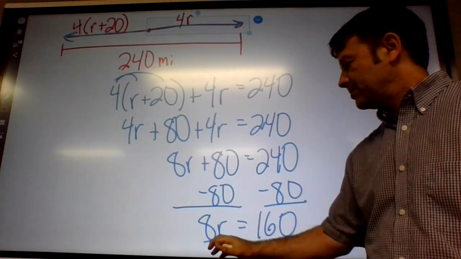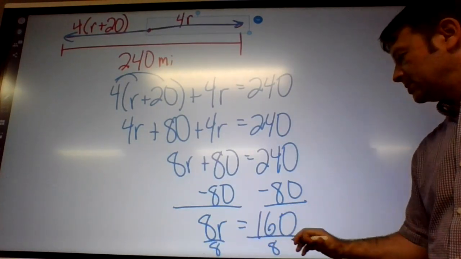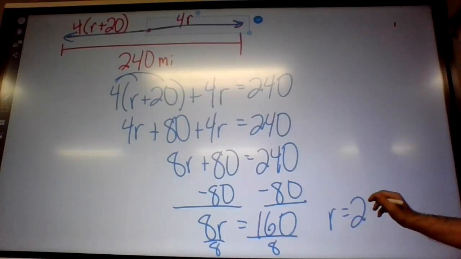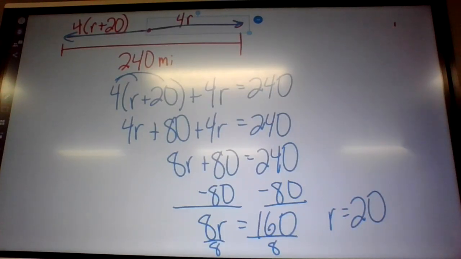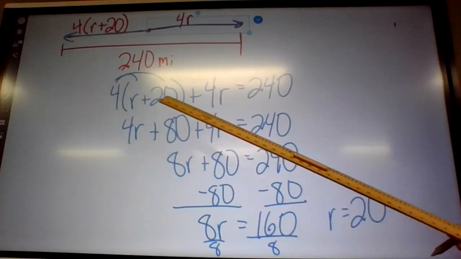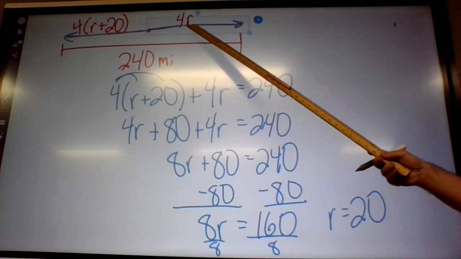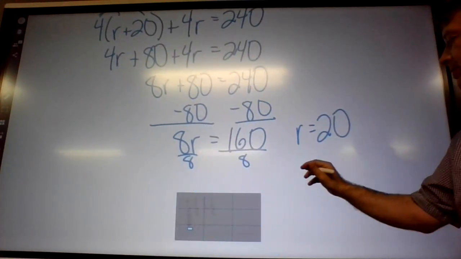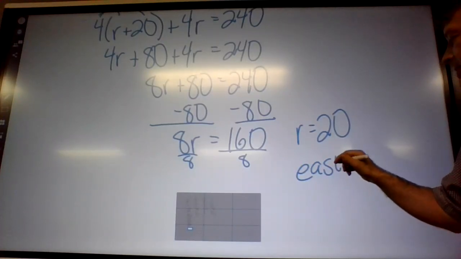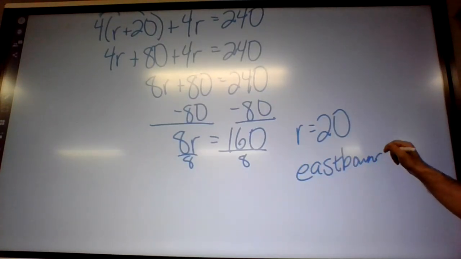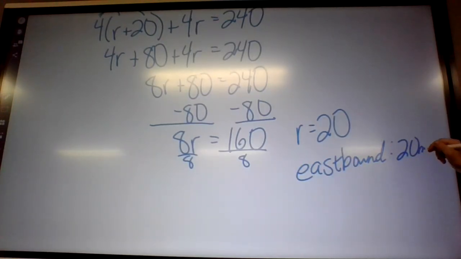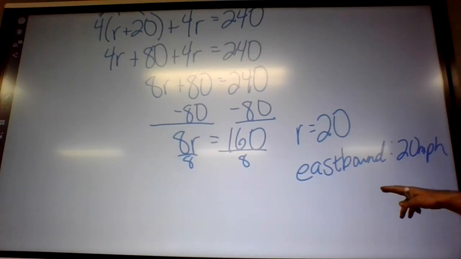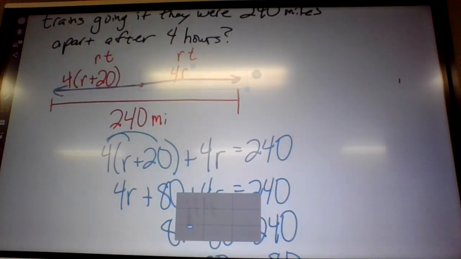Speed of both trains. What does 20 stand for? 20 miles per hour, and that goes with what? R. The eastbound train. So the eastbound is 20 miles per hour. Okay, what about the westbound? 40.